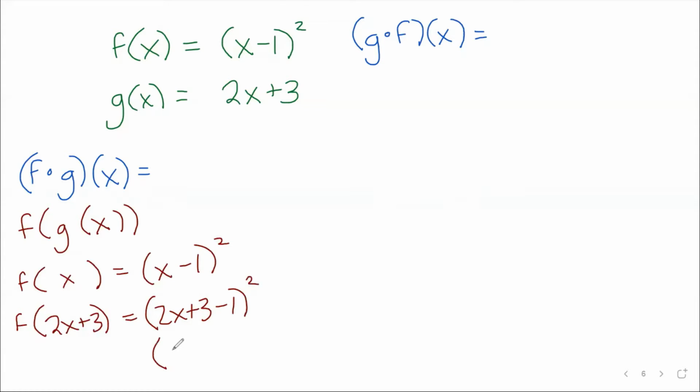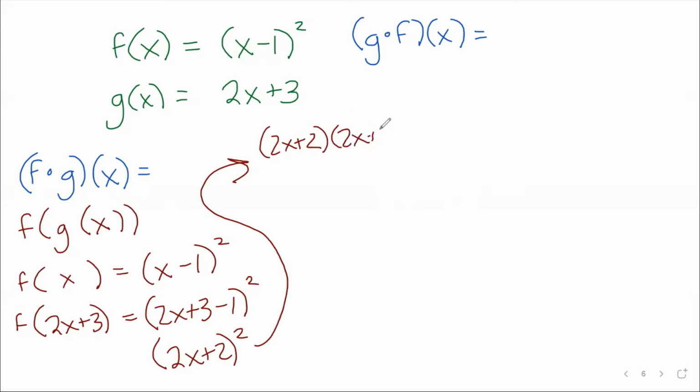So that would be 2x plus 2 squared. We can go ahead and do the math. So 2x plus 2 times 2x plus 2. It's 4x squared plus 4x plus 8x plus 4. And that would be the result for f of g of x.